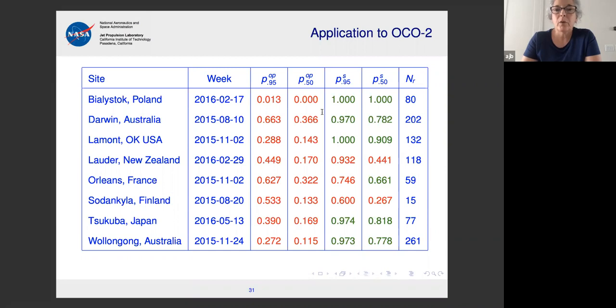Red indicates that the number in this column is not 0.95 and the number in this column is not 0.50, and similarly here and here, and green indicates that it's at least that big. So here, of the 80 footprints that we had at Bialystok, all of them fell within the 95th, and in fact, all of them fell within the central 50% of our distribution, whereas none of that was true for the Gaussian distribution reported by the retrieval algorithm.